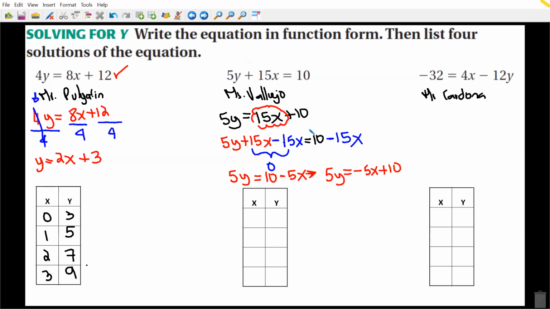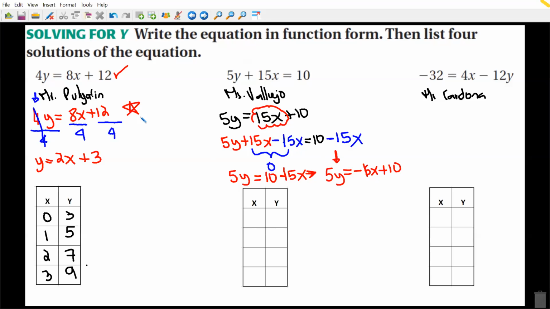You understood why the symbol for that 15x changed? Yes. Okay, and this was 15. It's not 5, it's 15x. Now, you want to isolate the y, and the same as the exercise Mr. Giraldo did over here, remember?